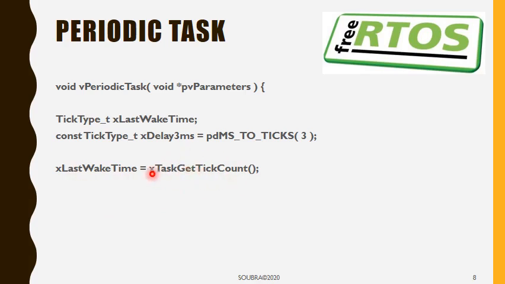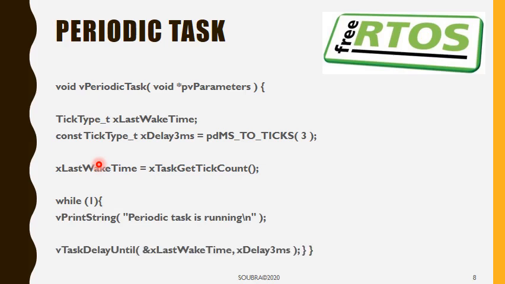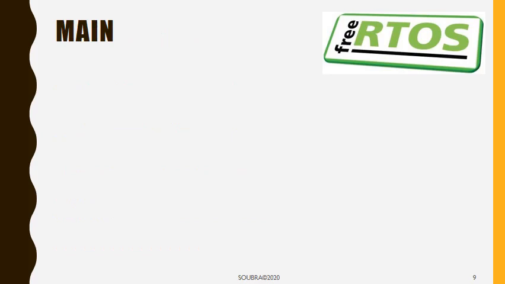So this is the initial value for my timestamp, and then the perpetual loop. Inside it, all I have to do is spit out a message and then make a delay for, again, 10 milliseconds with a timestamp. So I only initialize it once, and then each and every time the task will be ready again, this will be done by the RTOS. The timestamp will be updated systematically and automatically by the RTOS. All right, and that's it.